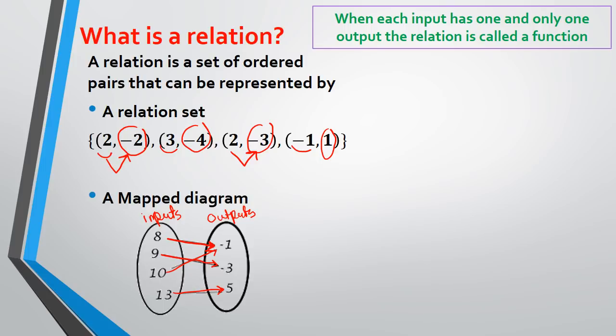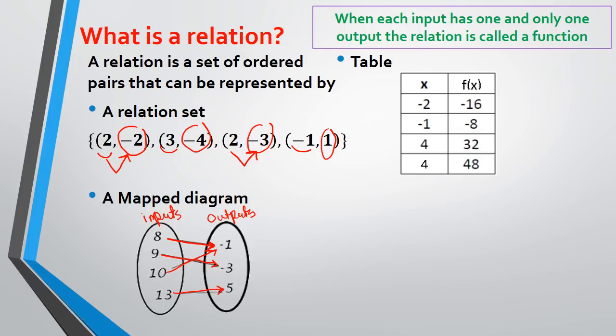Another way of representing a relation is by a table. Let's take a look at this example where we have x values that represent the inputs. In this case, we have -2, -1, 4, and 4 again. And the outputs are represented by y.